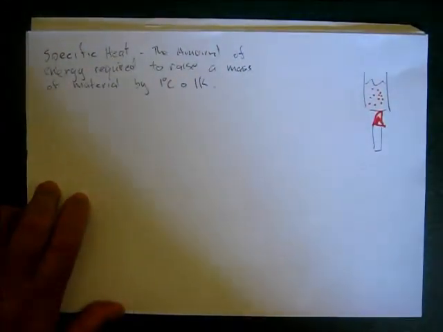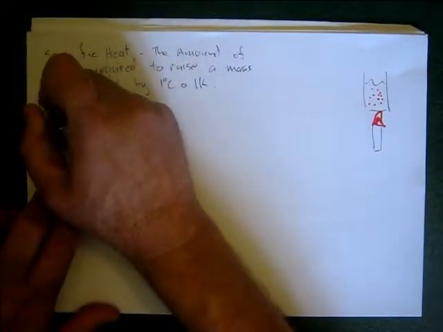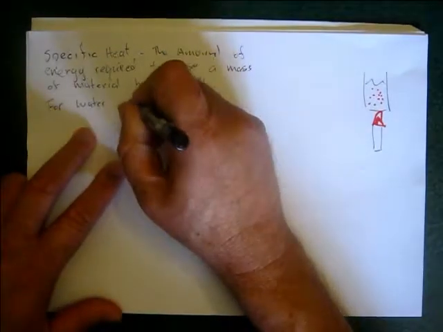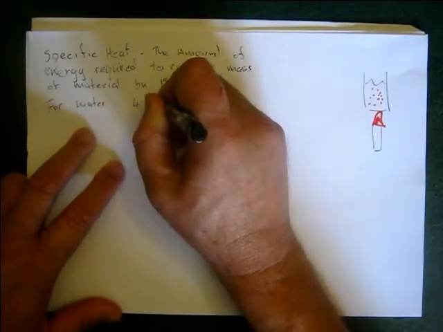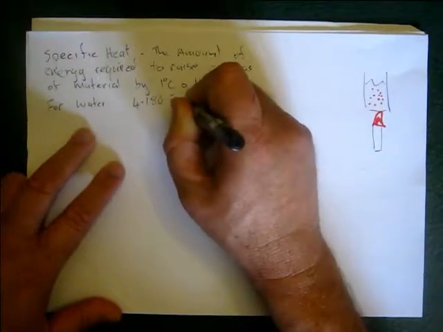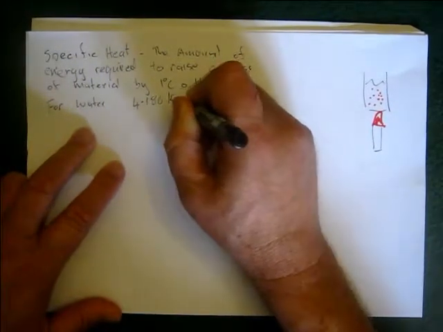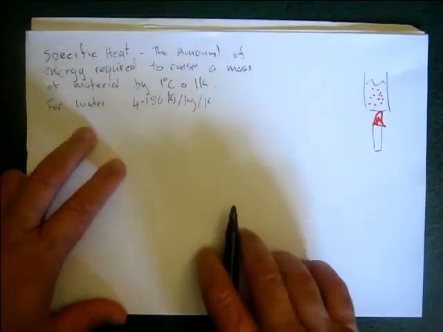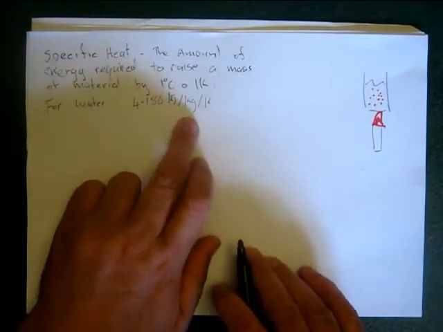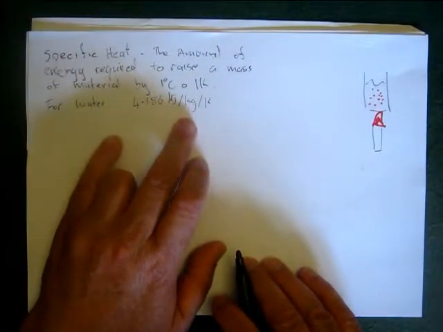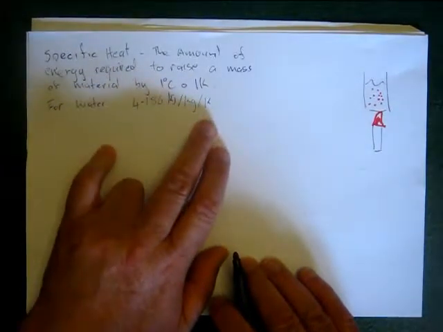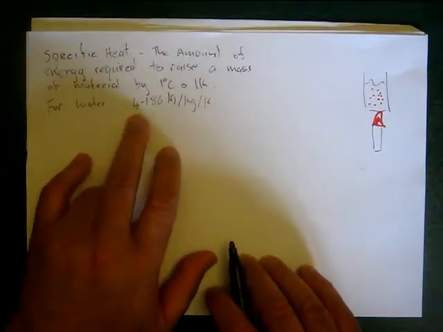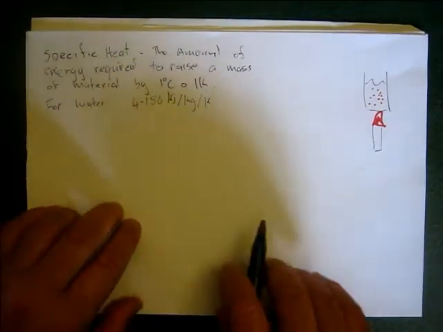So specific energy for water is going to be 4.186 kilojoules per kg per Kelvin. So to raise 1 kilogram of water by 1 degree Celsius or 1 degree Kelvin will take 4,186 joules. Or it's 4.186 joules per gram per Kelvin, your choice.